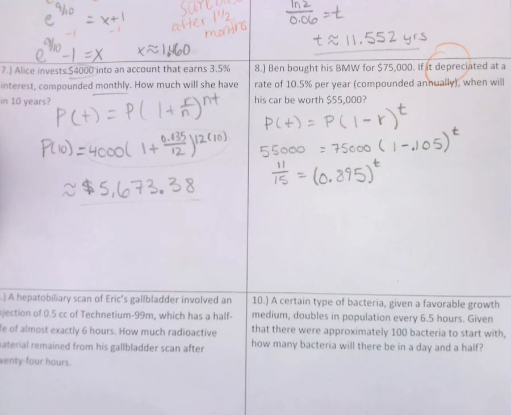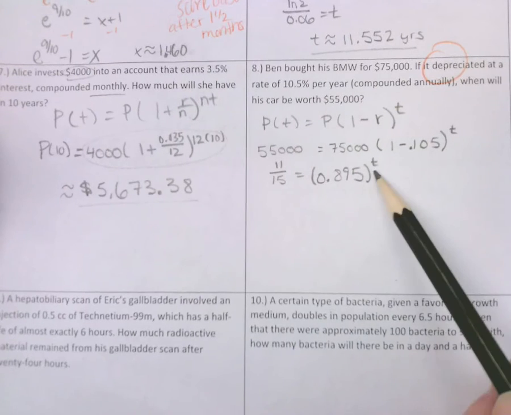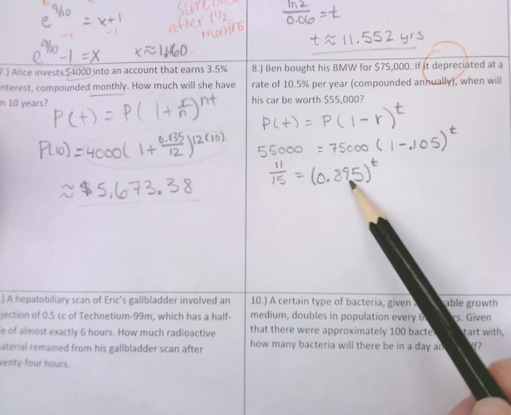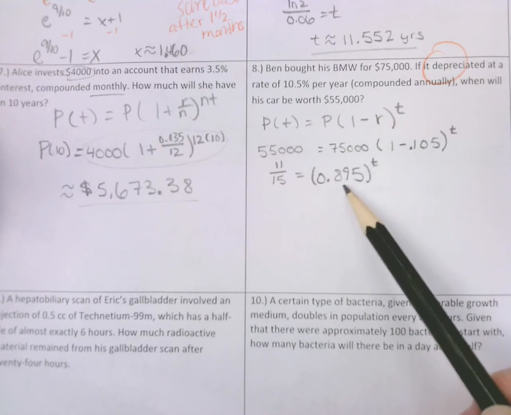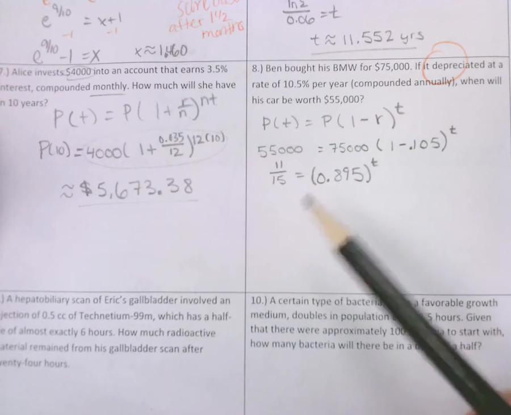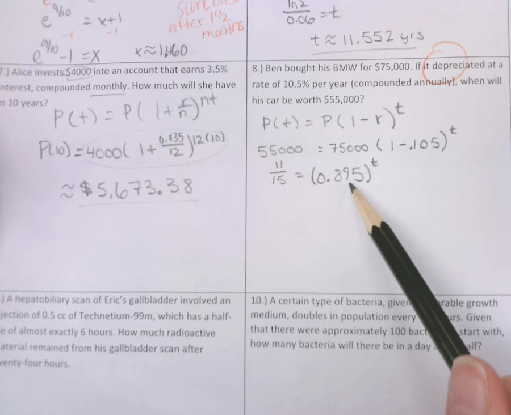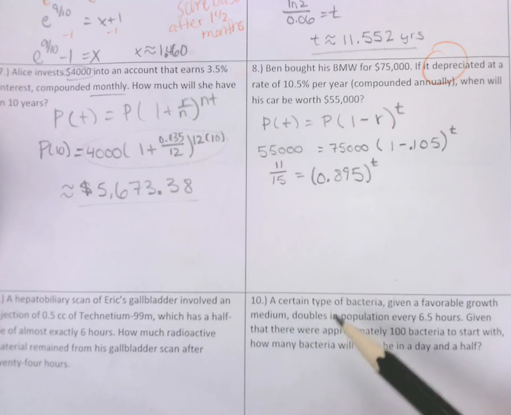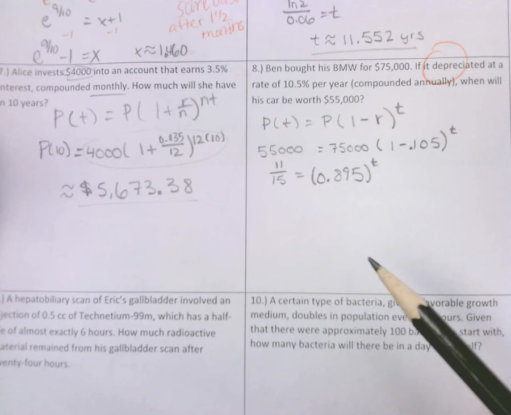Now we're solving for t, so how do I get t by itself here? Natural log? Similar to that, but not quite. I can't divide because it's not multiplication. Log was the right idea. What kind of logarithm do I want to use? A regular log with what base? 0.895.